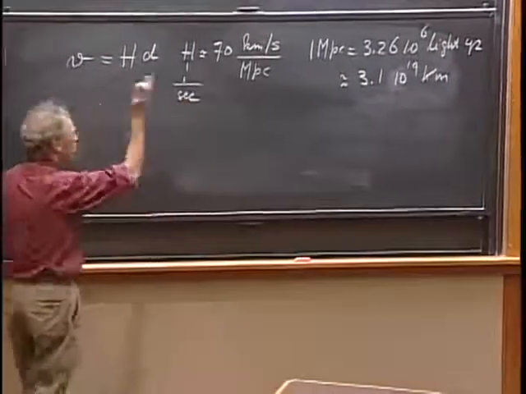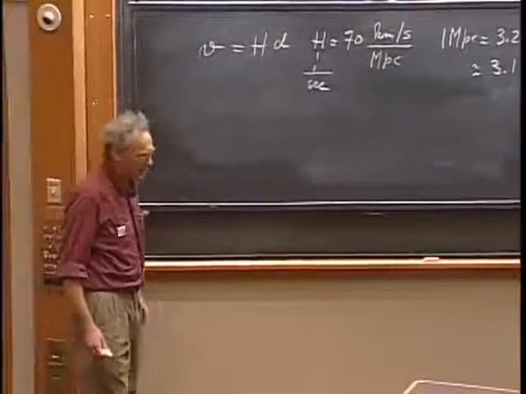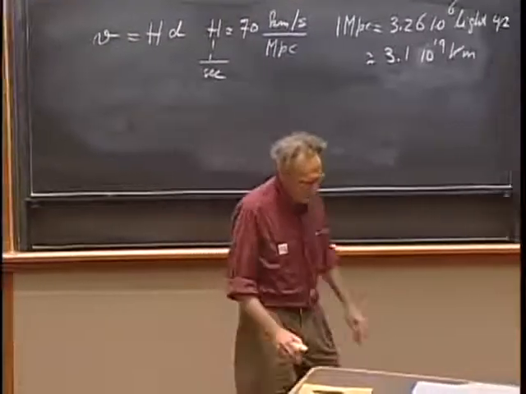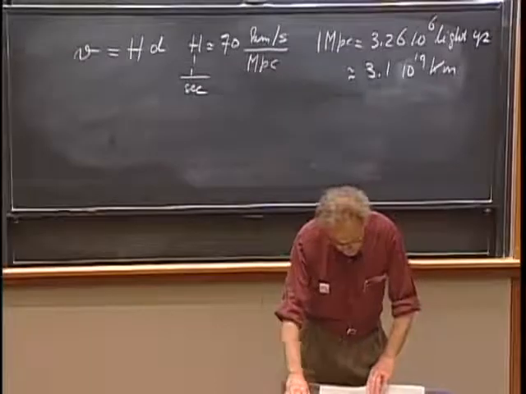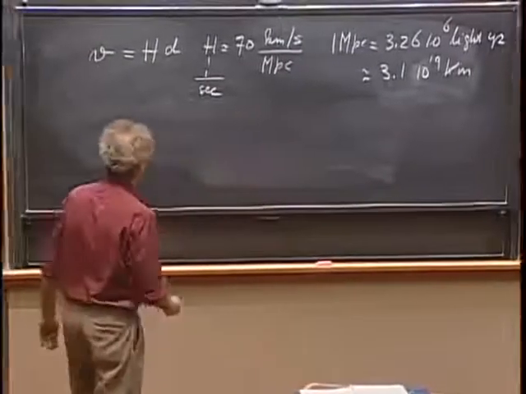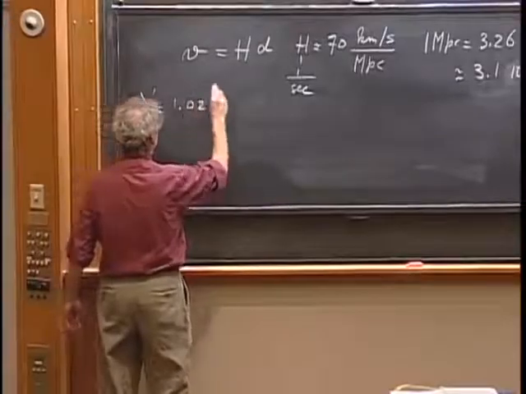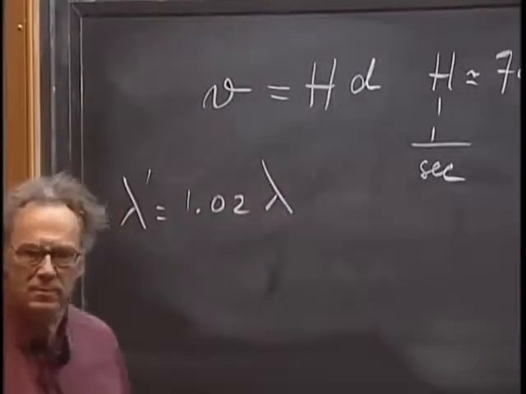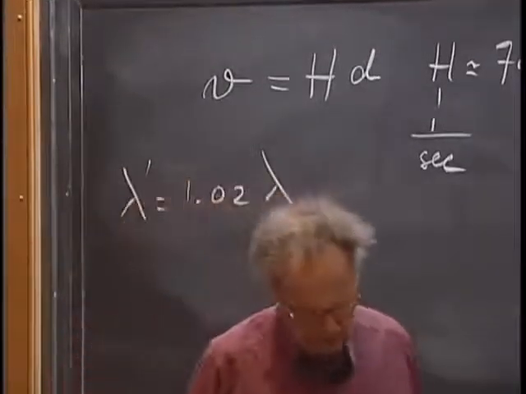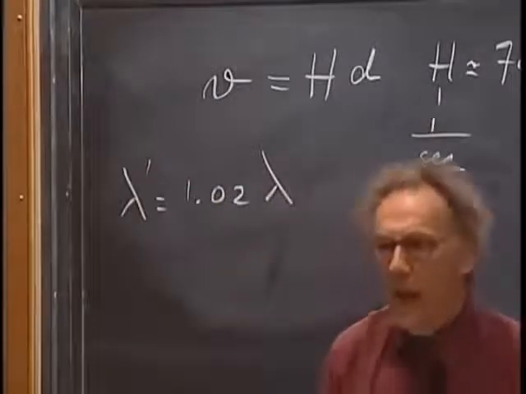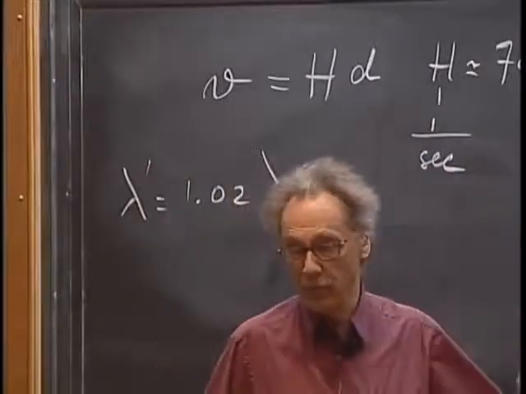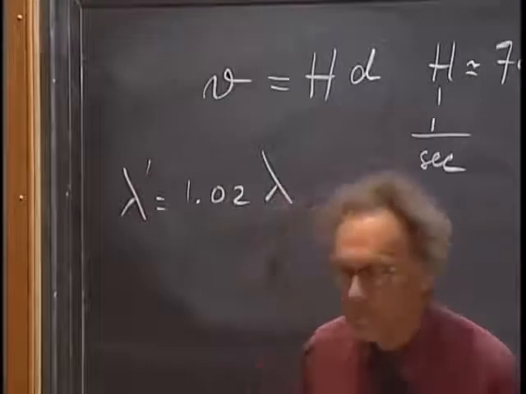Suppose you trust Hubble's law at face value, and you and I look at a particular galaxy in the sky, and we measure that lambda prime is 1.02 times lambda. In other words, it's redshifted, and the radial velocity is therefore 2% of the speed of light.